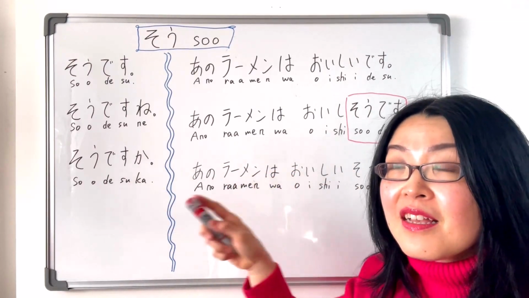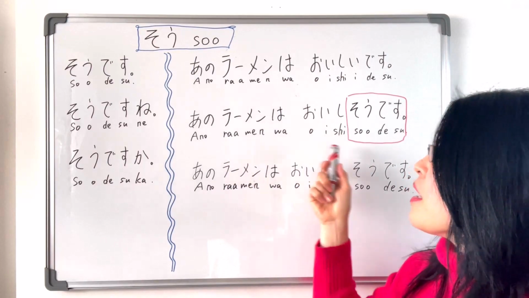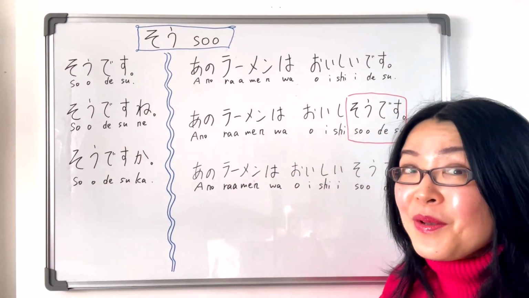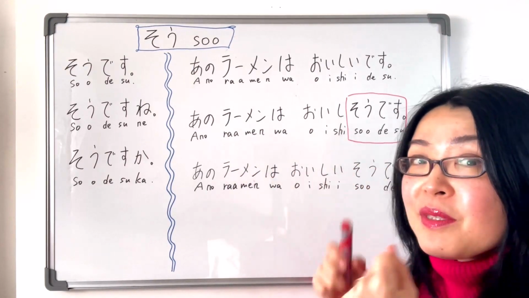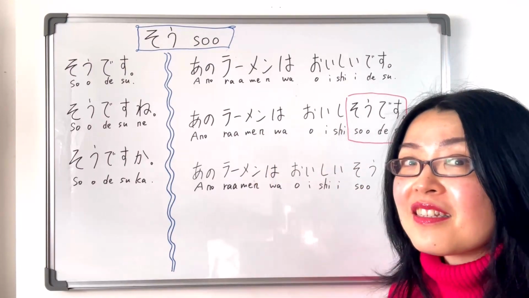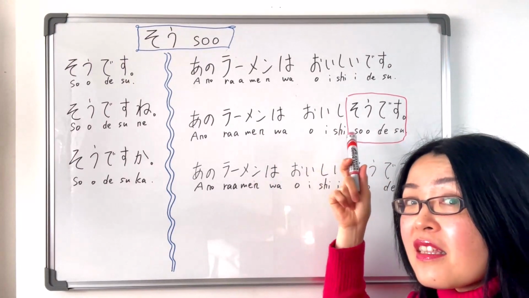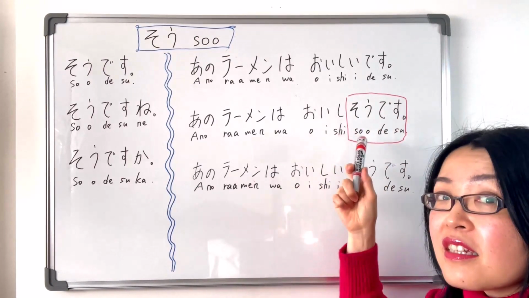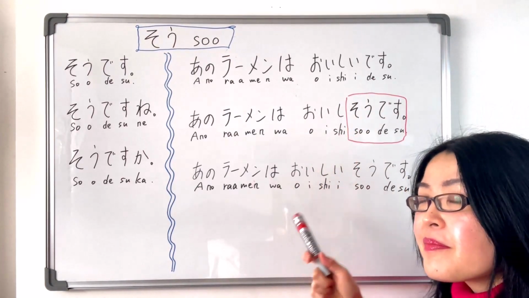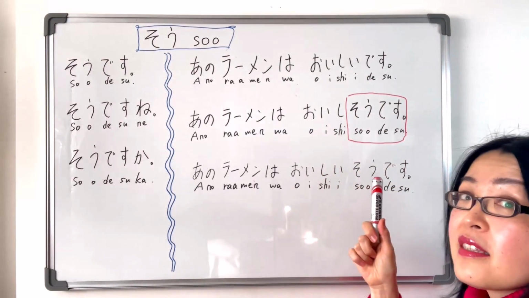I know this. That ramen is very popular. So, あのラーメンは美味しそうです. It seems delicious, or it looks delicious, or it smells delicious. In this case, we delete the い of the い-adjective, and then そうです. Alright?